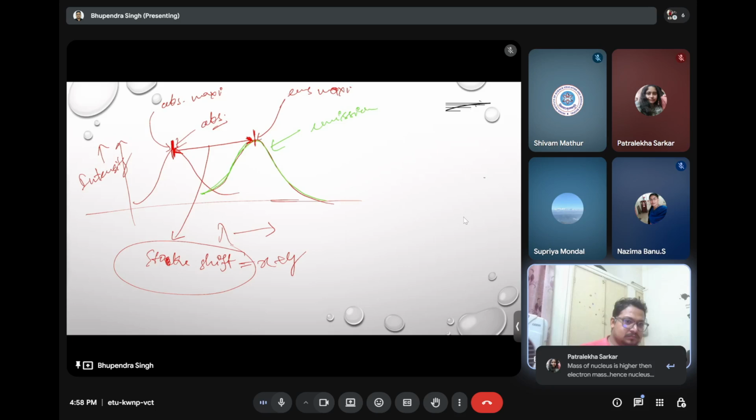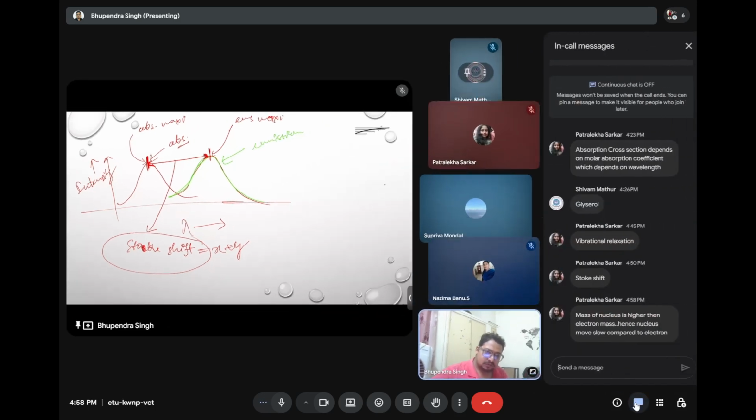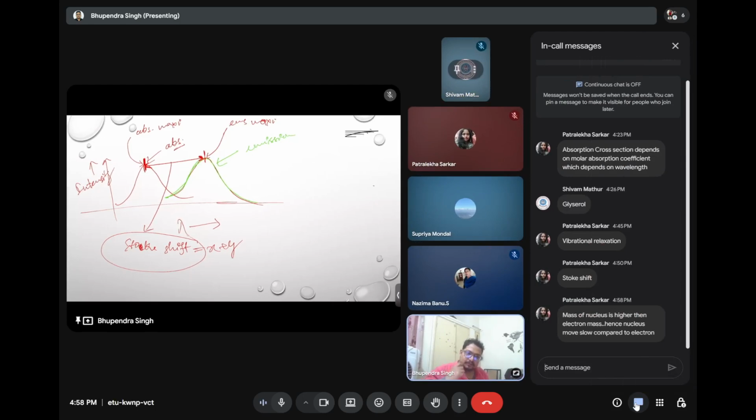Patlika is saying mass of nucleus is higher than the electronic mass. Hence, the nucleus moves slower compared to electron. Yes, so this is the answer of my last question.